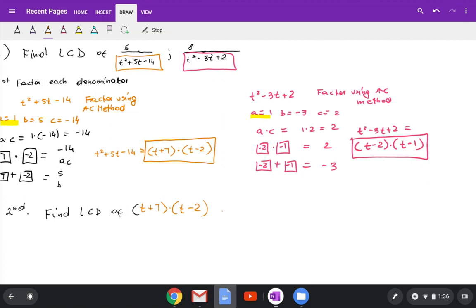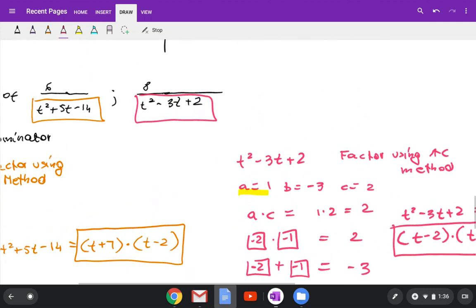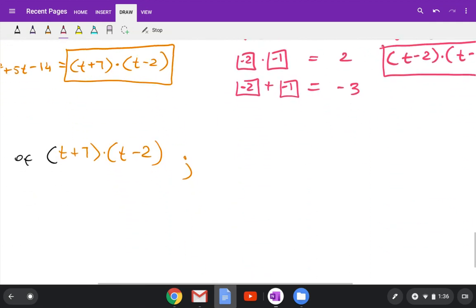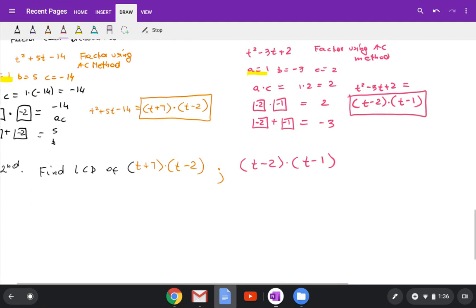I recommend to rewrite that using your factors. And the denominator t squared minus 3t plus 2, which we just factored, is t minus 2 times t minus 1. Okay, so what will be the LCD?